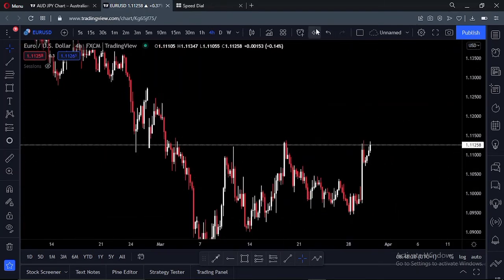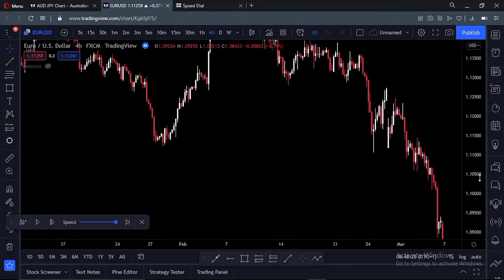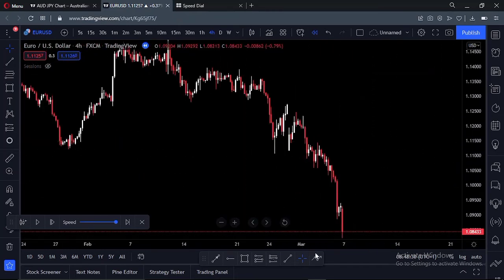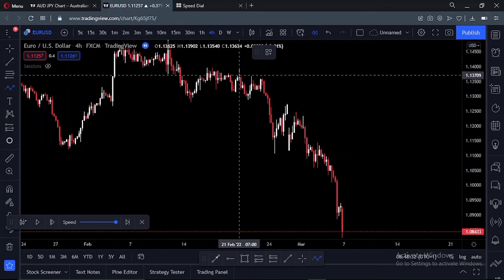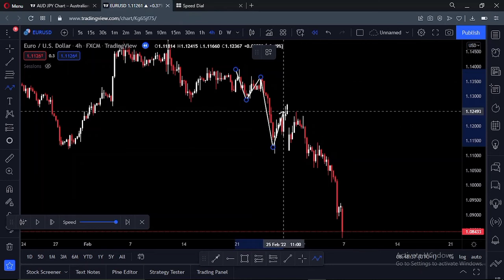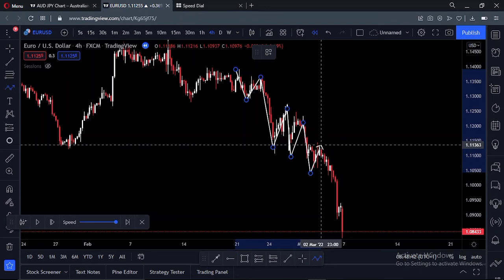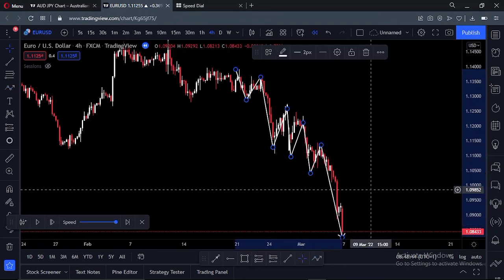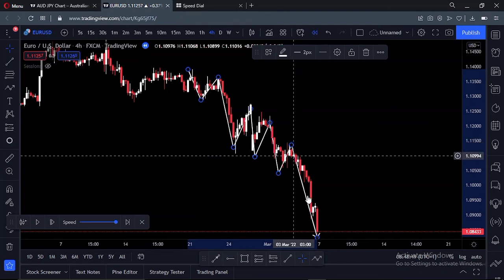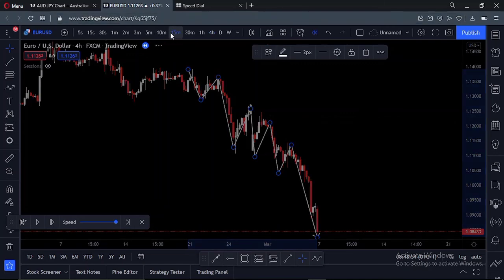The price is making lower highs, lower lows, lower highs, lower lows, lower high, then the drop. Now I'll focus on the most recent swing high, from this swing point to this, and let's see what actually happened on the 15-minute time frame.